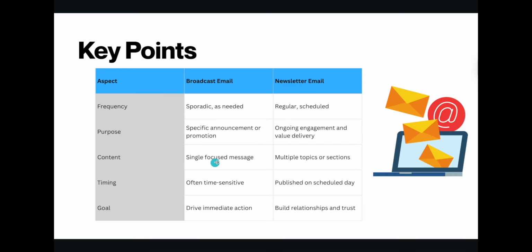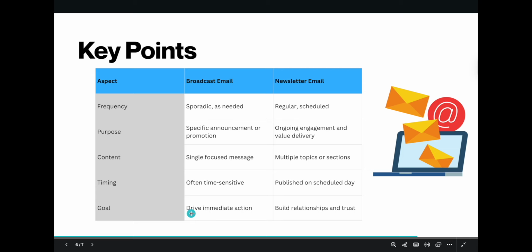The content: single focused for broadcast, and newsletters are multiple topics or sections. The timing: broadcast is often time sensitive, and newsletters are published on a scheduled day. And the goal: broadcast emails drive immediate action, while newsletters build relationships and trust.